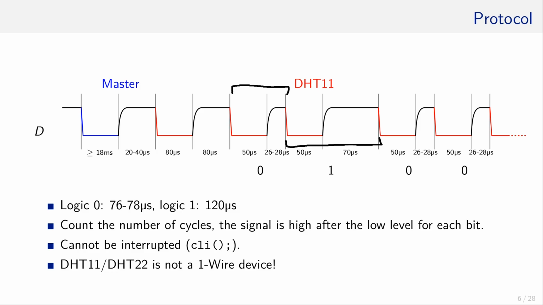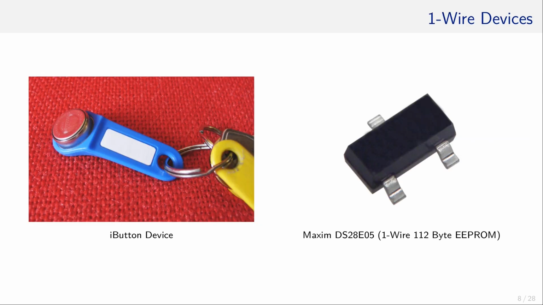How does one-wire work? Here we see two one-wire devices. On the left is the famous door access knob. The little metal piece on top of the blue plastic that looks like a button cell is a one-wire device. When it is connected to a one-wire master, they communicate to allow entry or not.